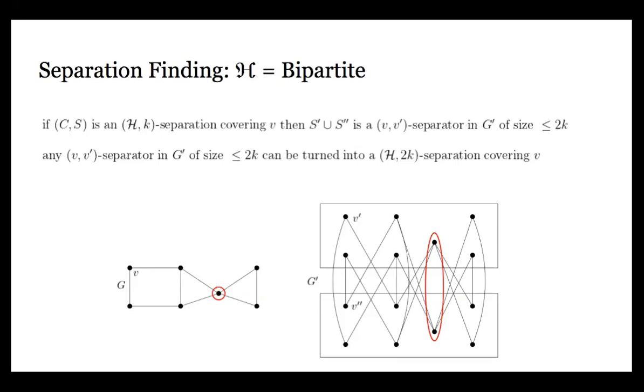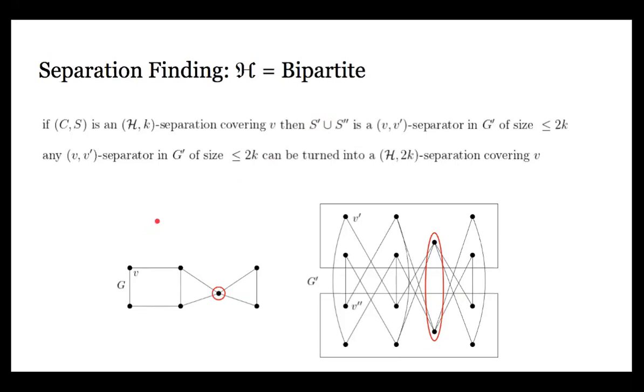And this cut might look arbitrary, but we can always turn it into a set S of the same size that would separate C from everything non-bipartite, so from every odd cycle.